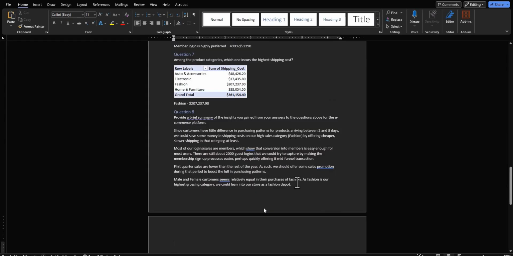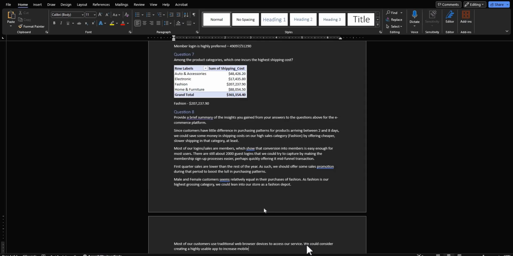And then for logins, most of our customers use traditional web browser devices to access our service. We could consider creating a highly usable app to increase mobile device only users.